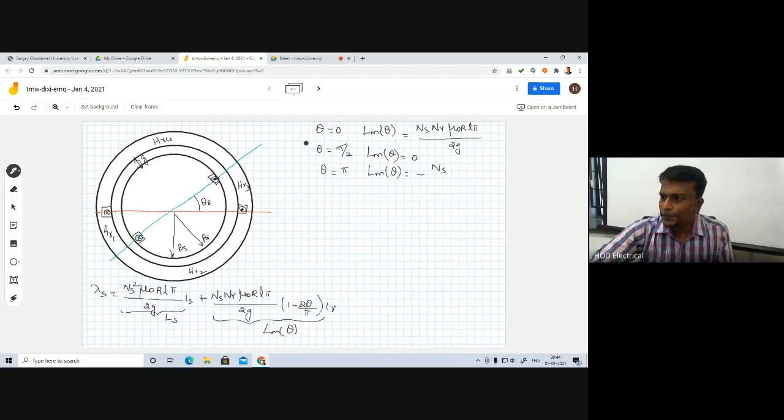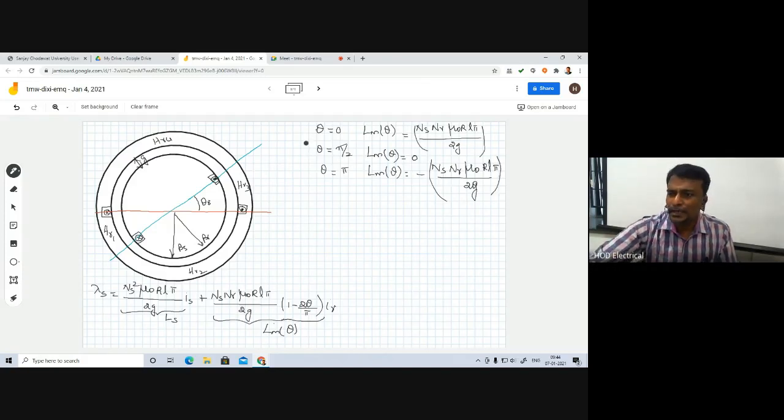So Ns Nr mu naught r l pi divided by 2g. This term is always constant in all the cases, so we can write M as Ns Nr mu naught r l into pi divided by 2g.